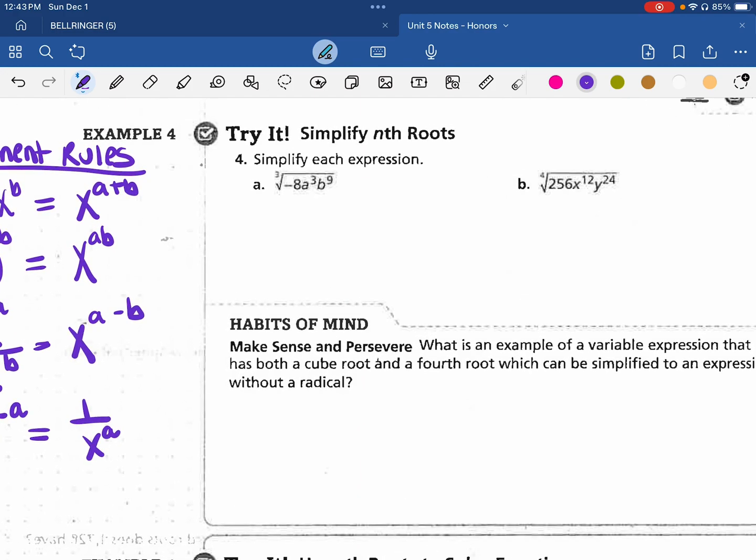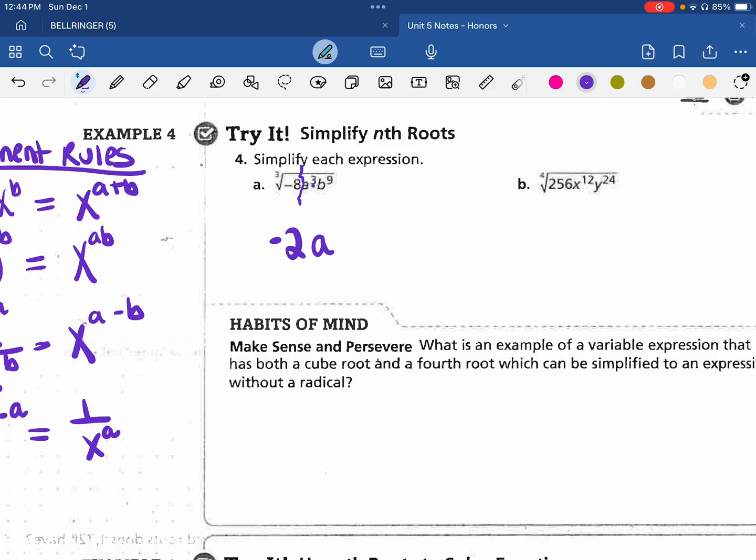Simplify each expression. Of course, you can't put your variables in your calculator. You could find the cube root of negative 8. You could type that in if you wanted to see if it's clean. But it is. This would be negative 2. And then think of this as your power over root.